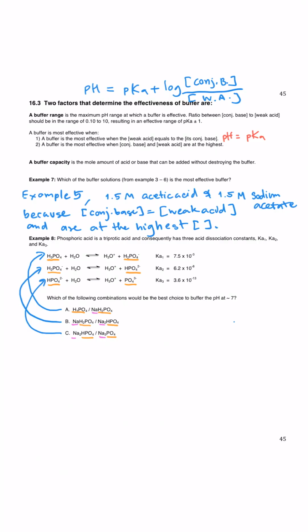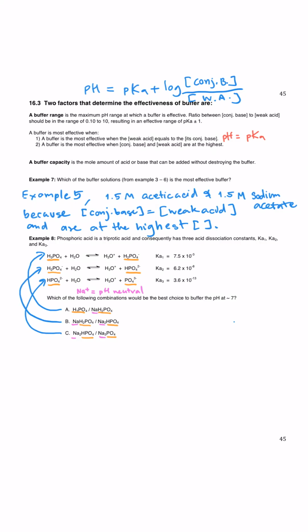And the sodium ion will not affect the pH of the buffer solution, because from the previous chapter that we learned about salts, sodium ion is a pH neutral ion. To find the best choice of a buffer with pH at 7, we will need to look at the buffer range. We see that the buffer range is going to be between pKa plus or minus 1, and the most effective one is when pH equals pKa.